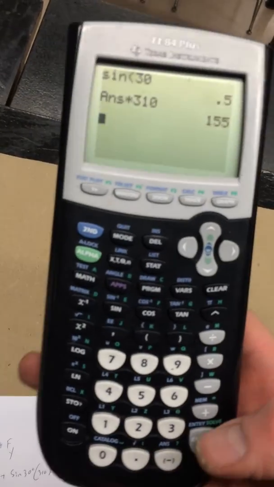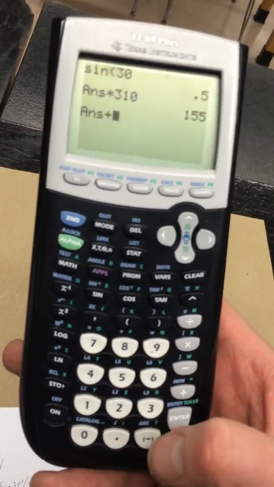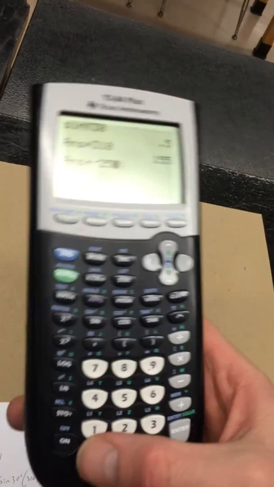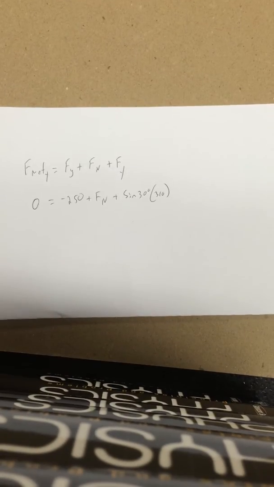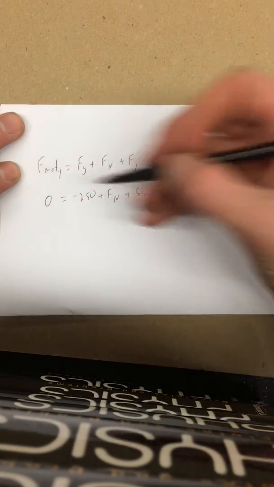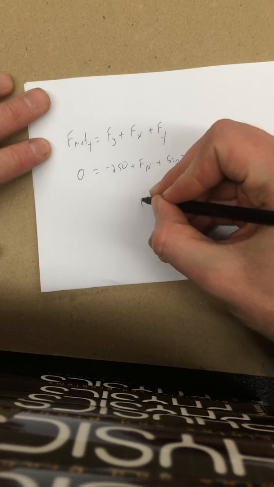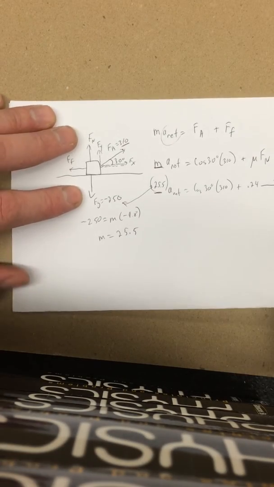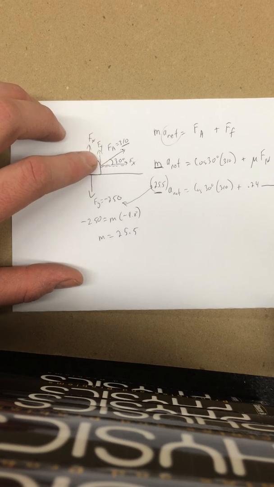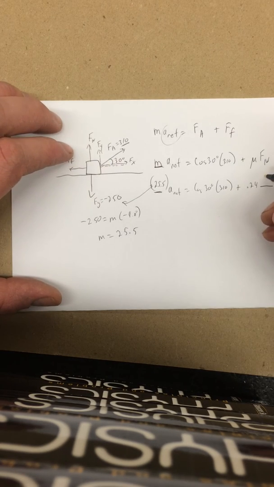Sine 30 times 310, then add negative 250, and the answer becomes positive 95, because you bring the negative 95 over the equal sign. So Fn is equal to 95, which is a lot less than the weight. They're not equal in this case because some of the force is being done by this Fy, the person who's pulling. So now this becomes 95 here.